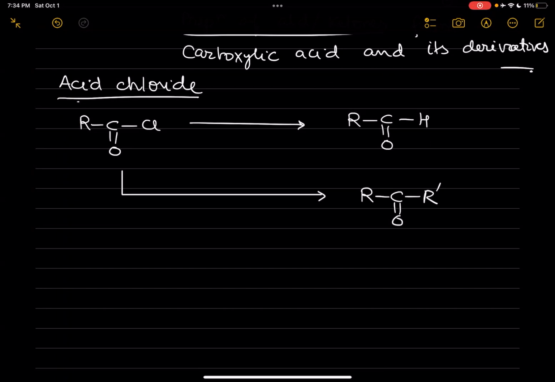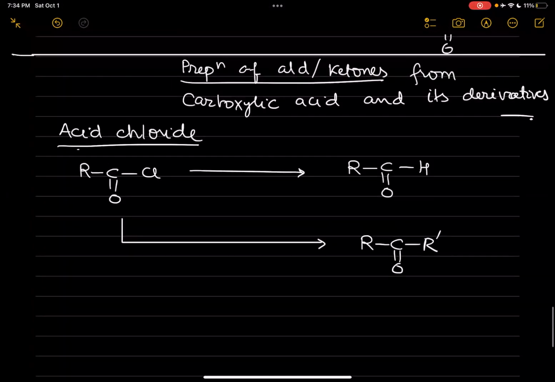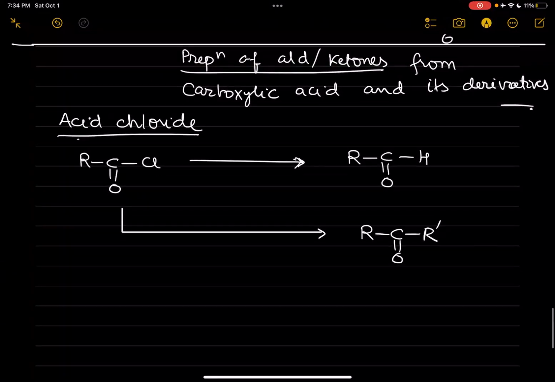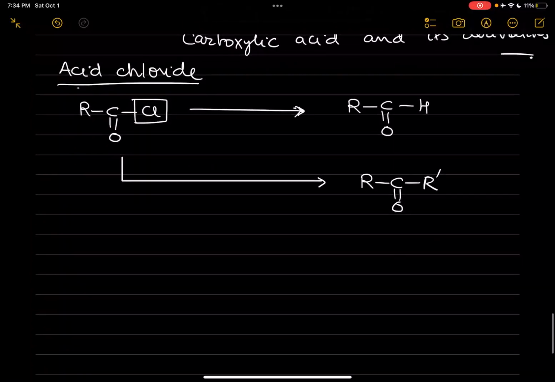Any idea? How can you convert it to aldehyde? So you need to bring in one H.